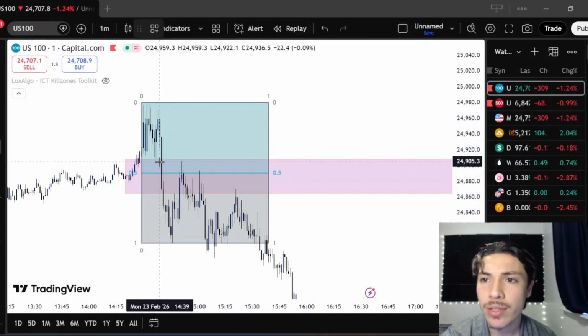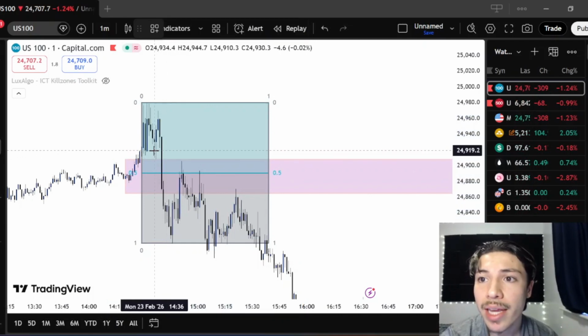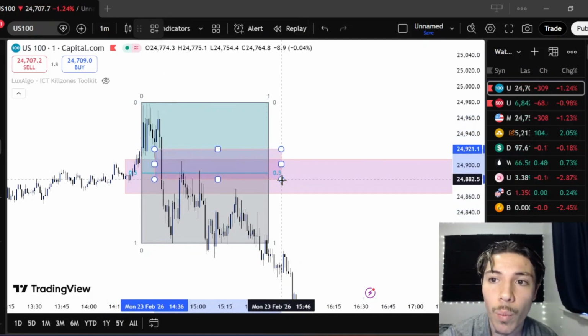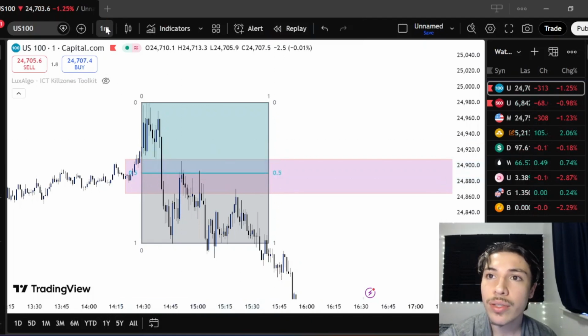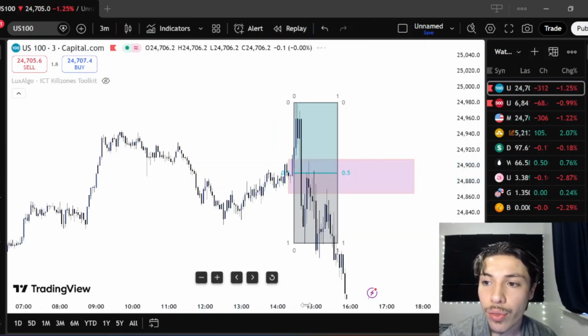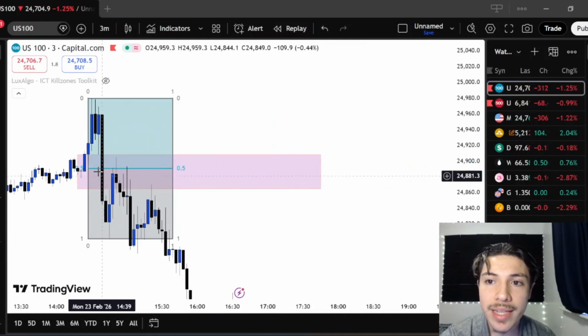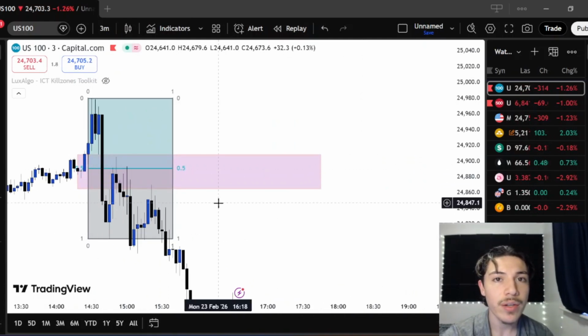What else does it tap into? That 5-minute gap. Anything else? It taps into this 1-minute gap. Anything else? It taps into this 3-minute gap. So we tapped into all of those bearish fair value gaps. We also tapped into equilibrium and we were getting a rejection from it. So I was thinking to myself, sells are the play.